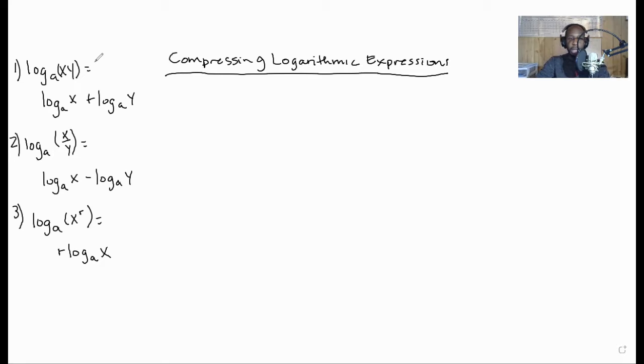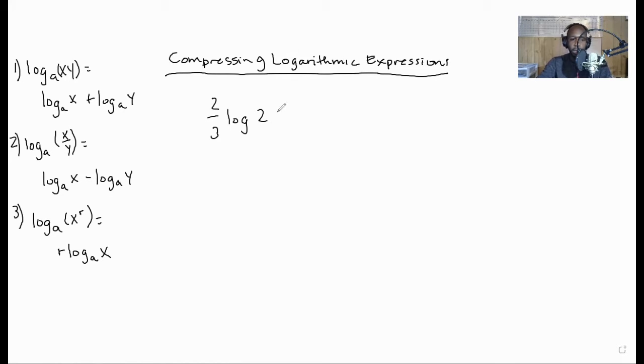All right, so this is really what's most important for you to remember. I'm going to put an example up here in a second, in which we're going to have to apply all of these, piece by piece, in some way, shape, or form. So let's get into it. Let's say you have the following problem: 2/3 log 2. I'm not putting a base here, so that means the base is automatically 10.